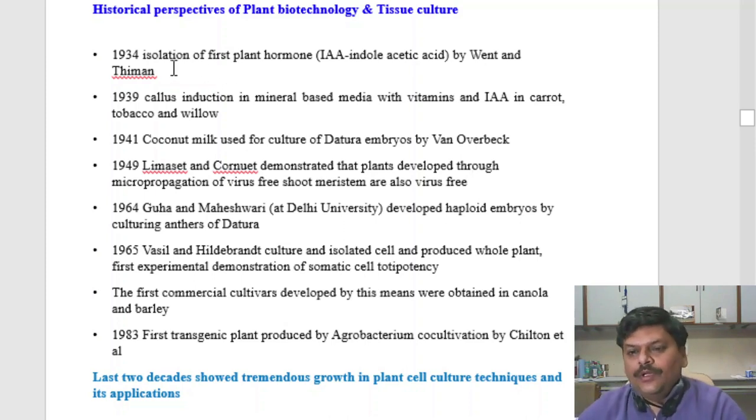It was isolated in 1934 by Wendt and Thiemann, and then when it was included in plant tissue cultures by them, with the nutrient solution of those salts and certain vitamins, and IAA was added, they were able to grow an unorganized mass of cells called callus, which is basically the result of rapid cell division, using either root tips or shoot tips of carrot, tobacco, and willow.